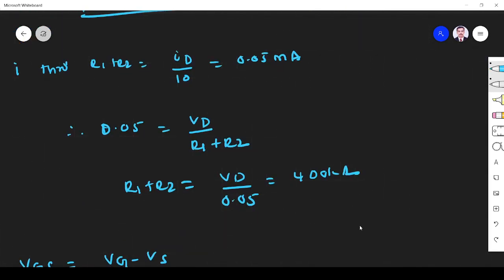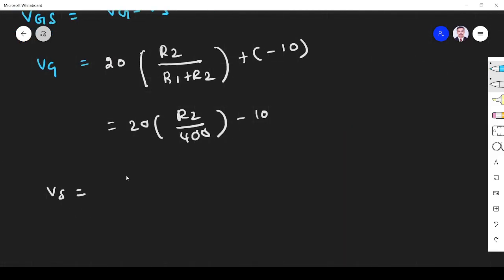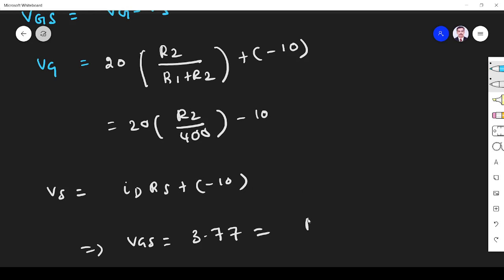So VGS is VG minus VS. We already found VGS as 3.77, that is equal to R2 divided by 400 into 20 minus 10 minus ID RS minus -10. The 10 and this 10 will be cancelled.